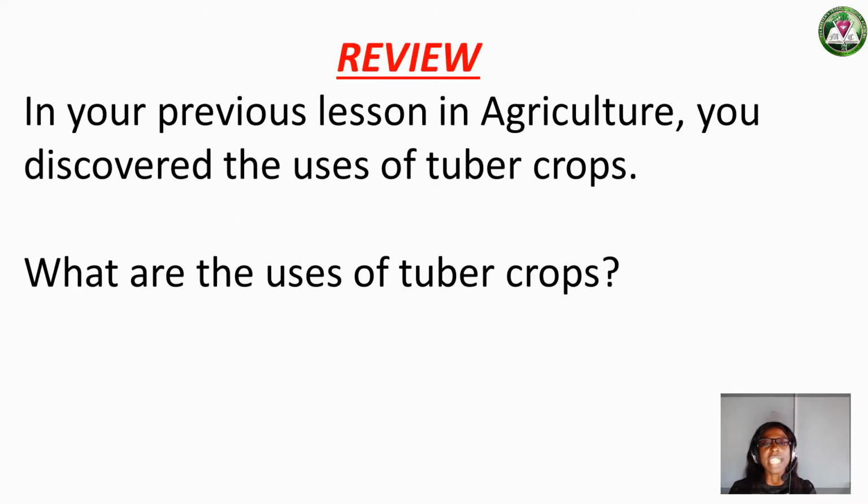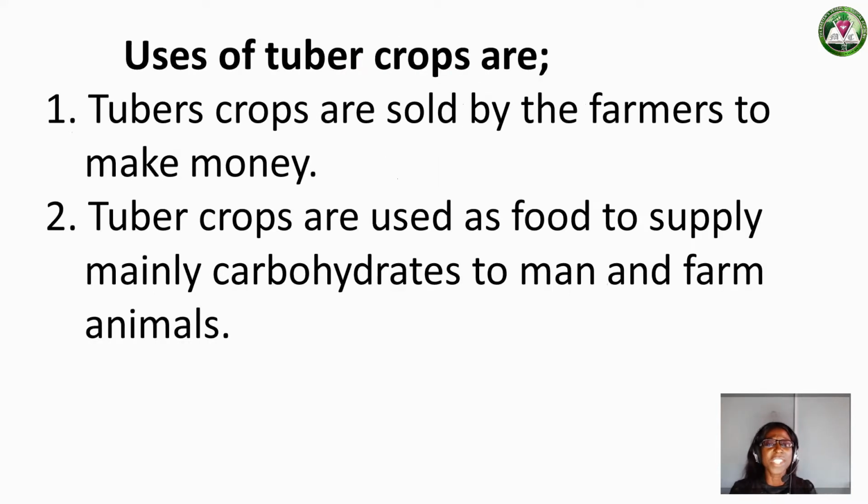In your previous lesson in agriculture, you discovered the uses of tuber crops. Now, what are the uses of tuber crops? Good! Uses of tuber crops are, they are sold by the farmers to make money.